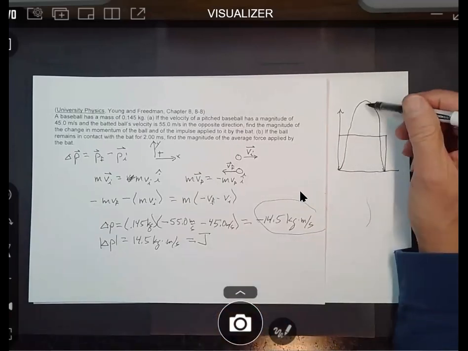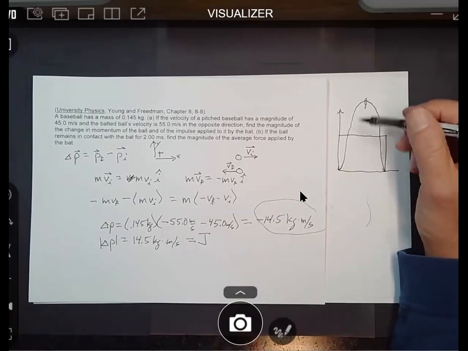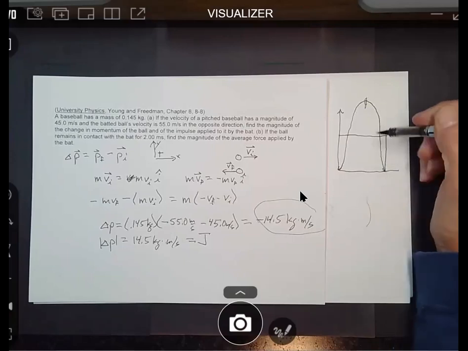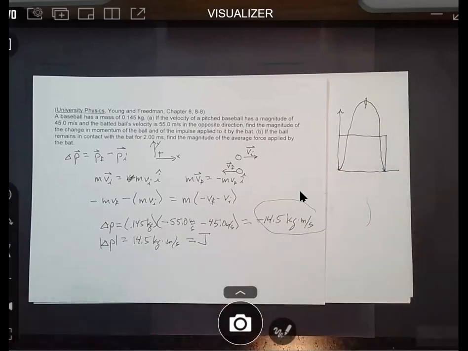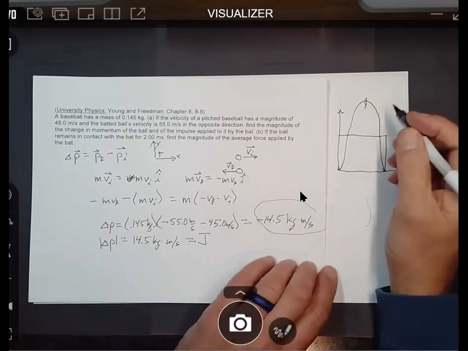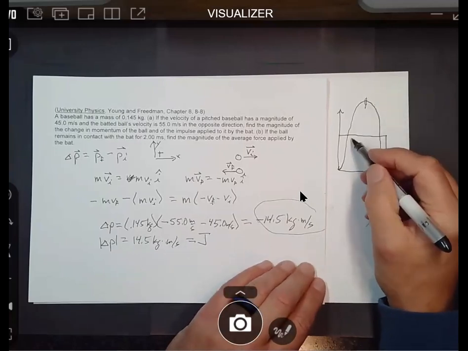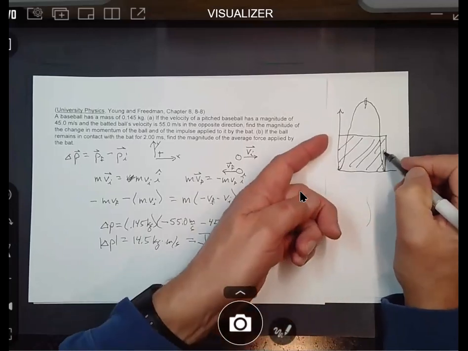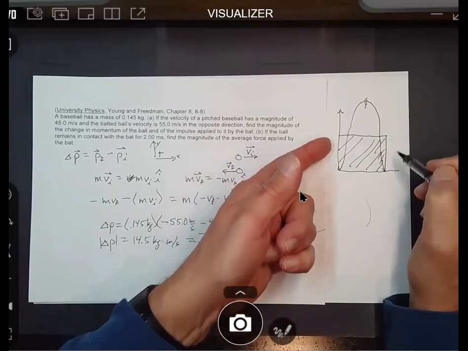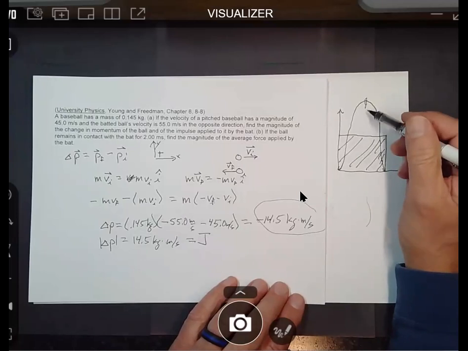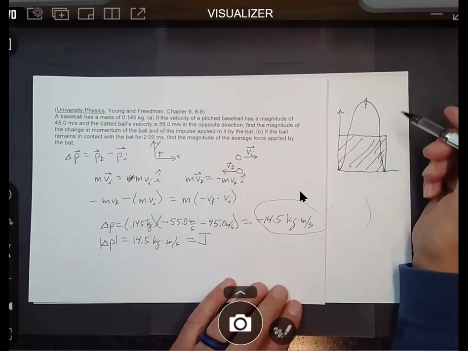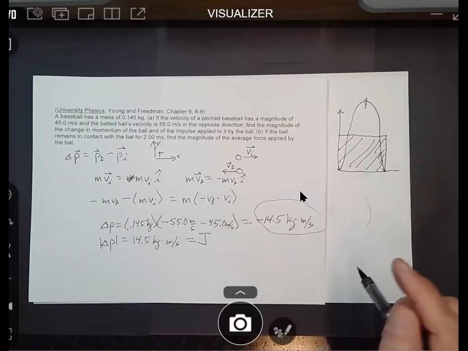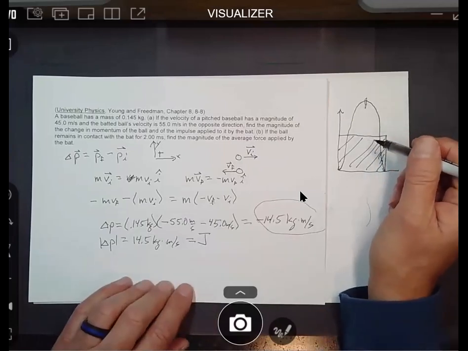It'll have a maximum value and small values at the beginning and end of the collision when the baseball actually gets deformed a whole bunch in a collision with a bat. It's kind of interesting. But on average, we can calculate this area right here. The area of the rectangle will approximately equal the area under the curve if I hadn't drawn the curve so tall. But that's all right. We're going to be after that average there.